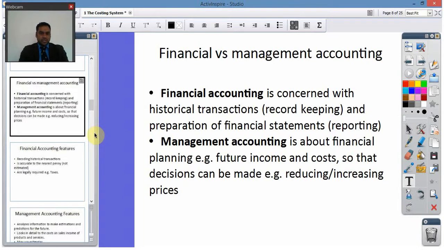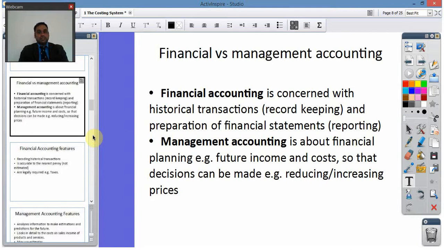Financial accounting is concerned with historical transactions, record keeping, and preparation of financial statements. So you saw in bookkeeping 1, if you've done bookkeeping 1 yet, that if you purchase something, or if you pay out wages, then these transactions are recorded in your accounting system.